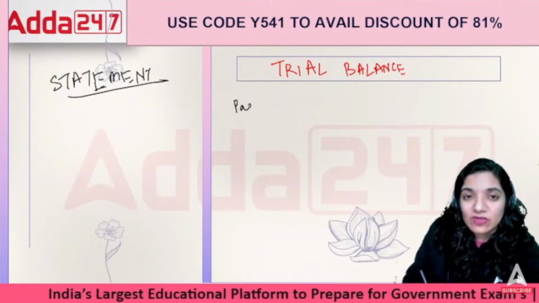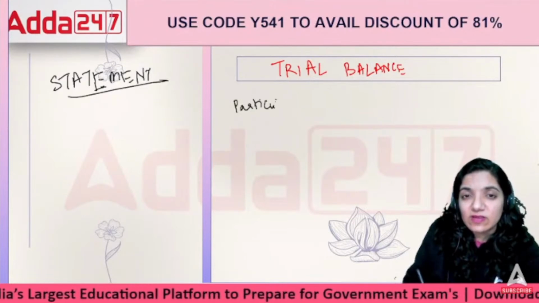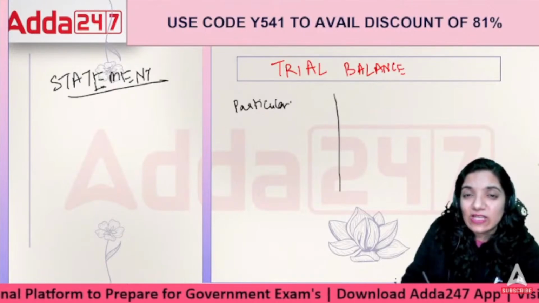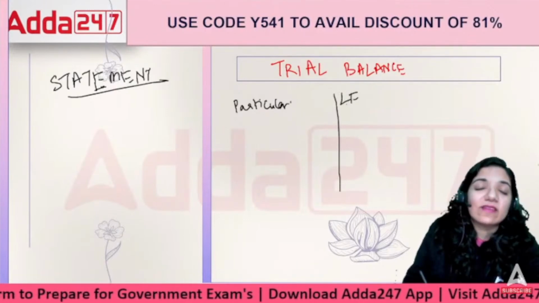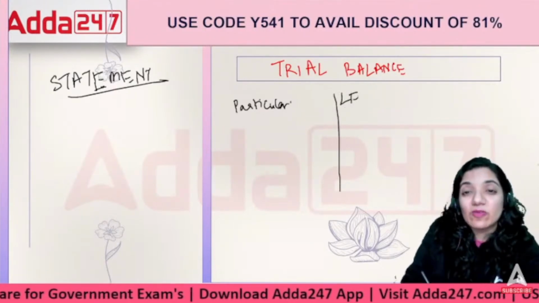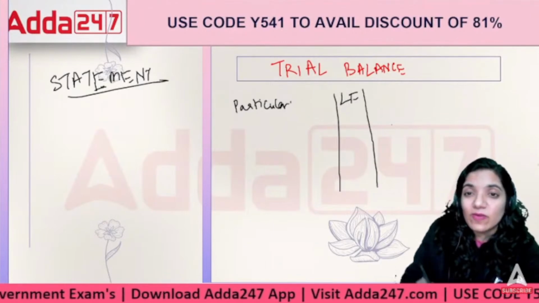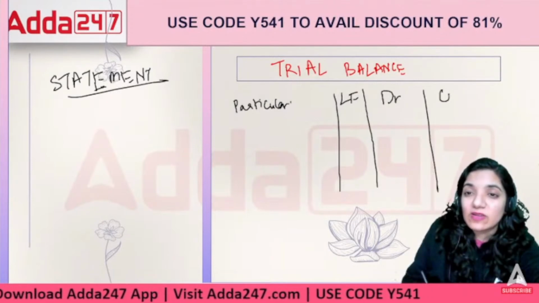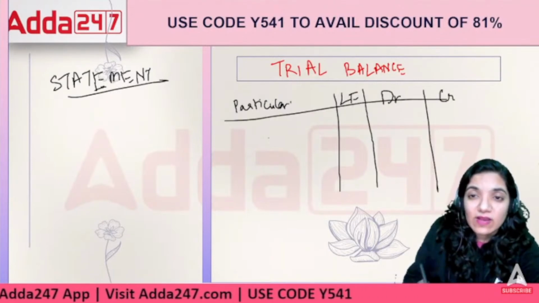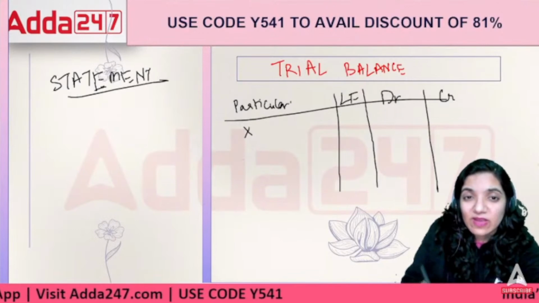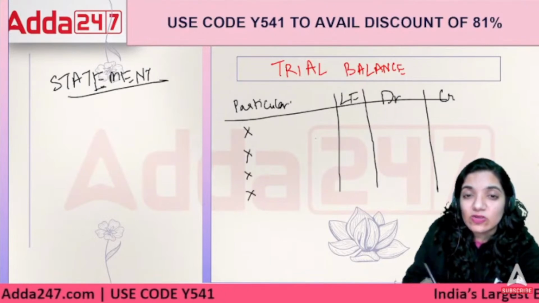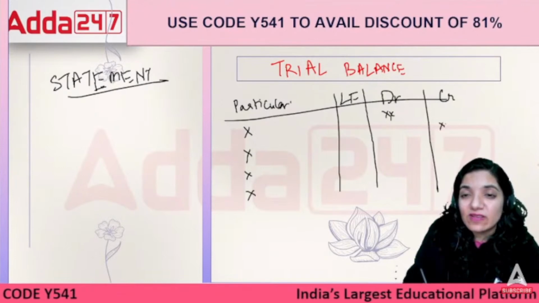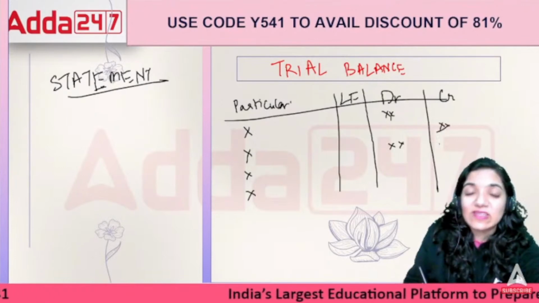We have particulars. Then we have the ledger folio, whatever the serial number is given to that particular tabular form. And then we write the part of debit, and then we write credit. So all the elements are stated here, and here we specify the item that we are talking about. So all the items are stated here, and then we specify the debits as well as the credits accordingly.